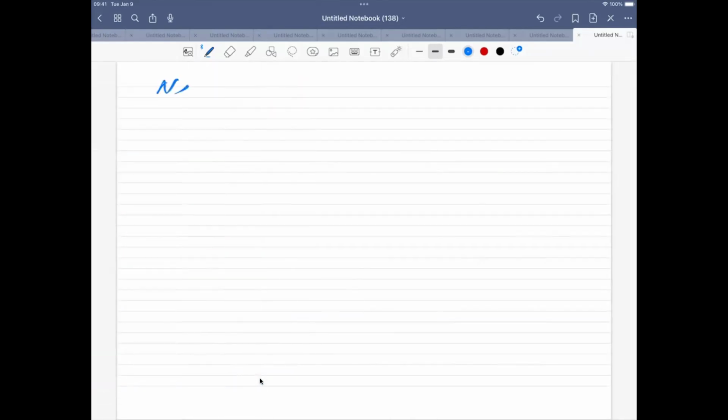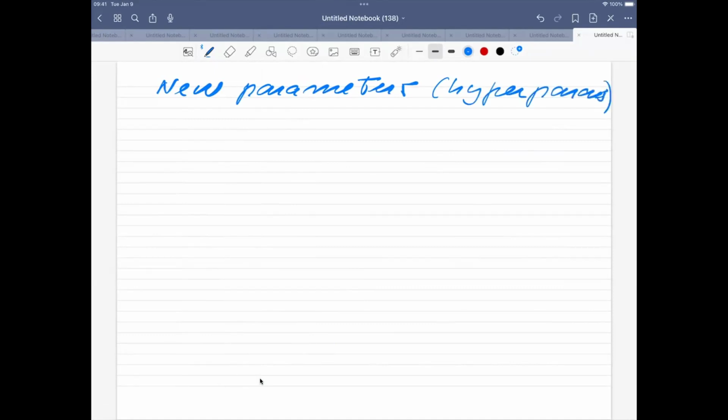So the new hyperparameters are going to be given by K, the number of filters, and their spatial extent.